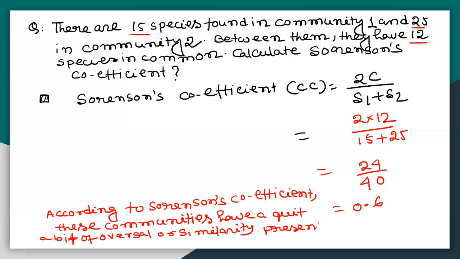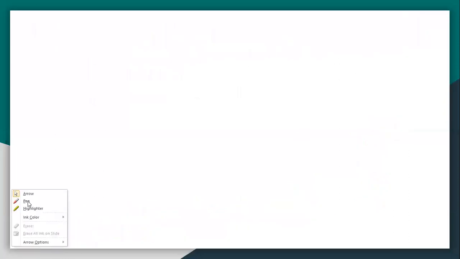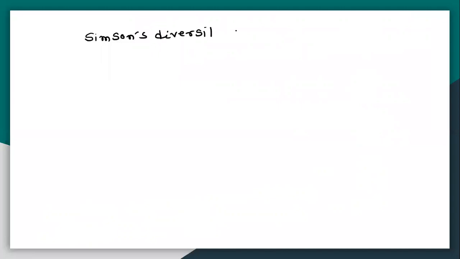Another important part is the Simpson Diversity Index, which we have seen previously. In the case of the Simpson Diversity Index, there is an index scale and level of diversity.